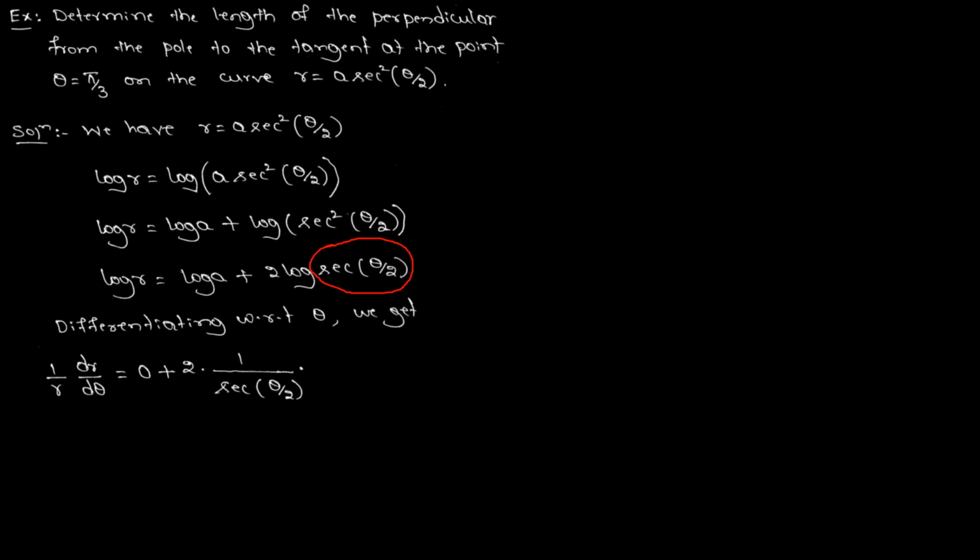Let us differentiate this again by using the chain rule. The differentiation of secant is secant into tan. But again we need to apply the chain rule to differentiate theta by 2.